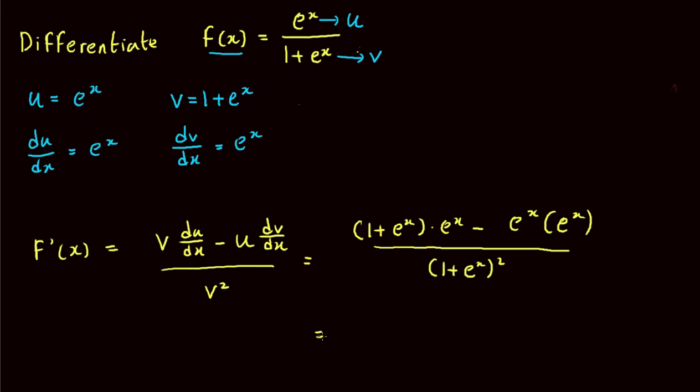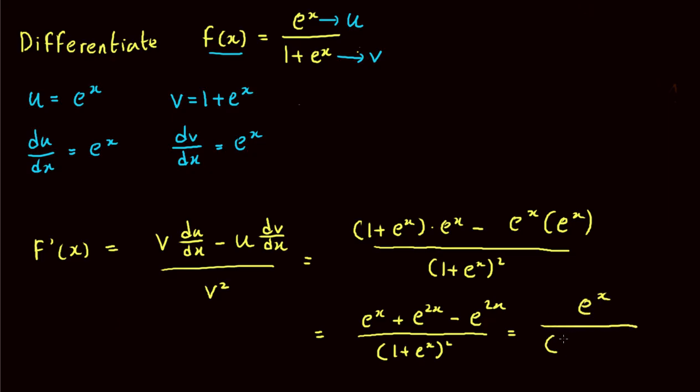If you want to simplify it, we'll end up having e to the power of x plus e to the power of 2x minus e to the power of 2x over 1 plus e to the power of x squared, leaving us with e to the power of x over 1 plus e to the power of x squared. So that's basically the derivative of the first function.